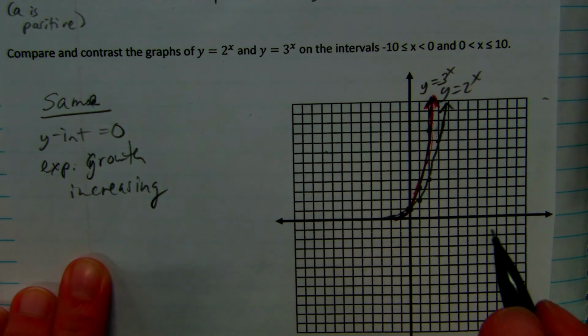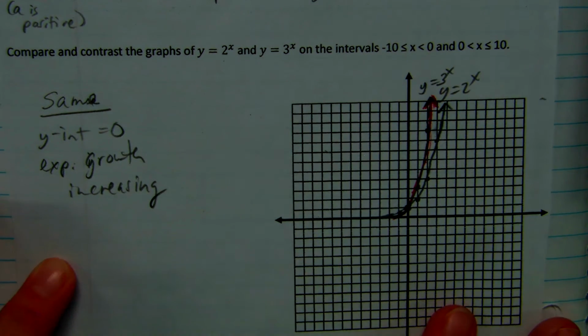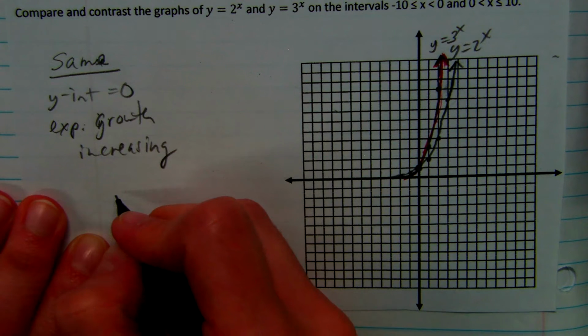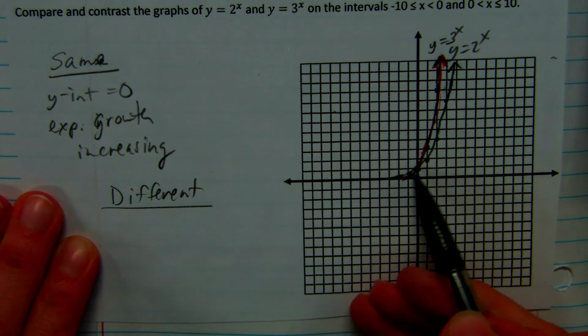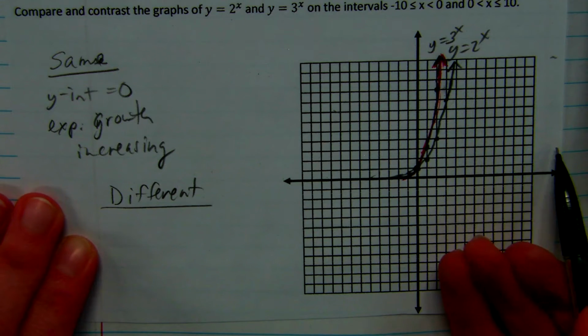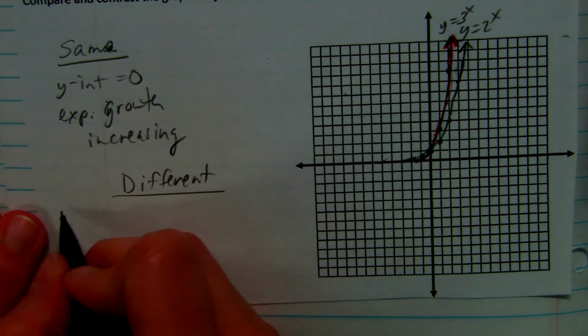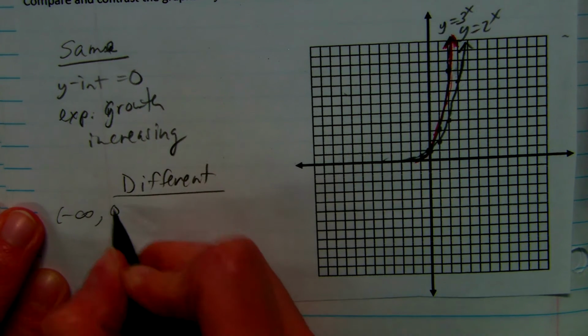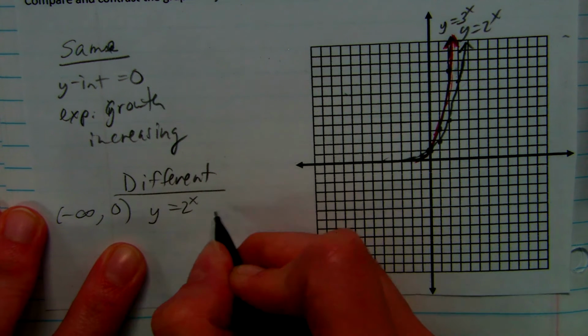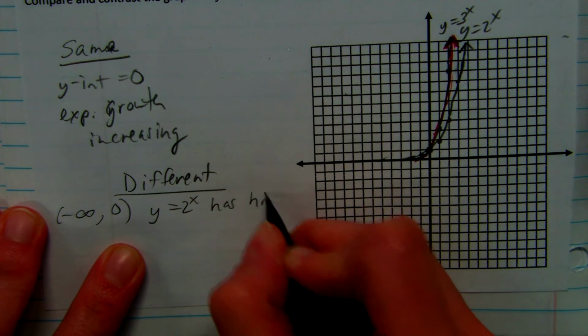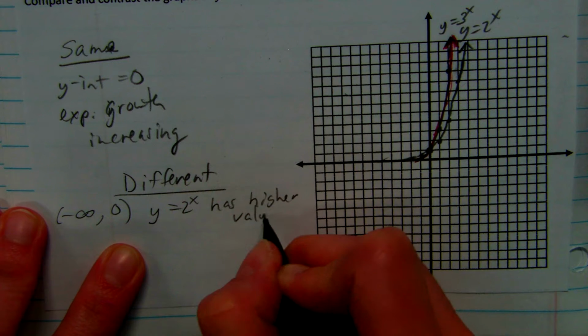So then if we're looking at what's different, okay, if we're talking about differences, we can talk about the left side of the graph versus the right side of the graph. So on the left side, that'd be from -infinity to 0, y equals 2 to the x has higher values. It's the one on top.